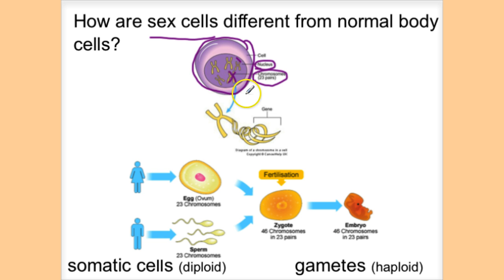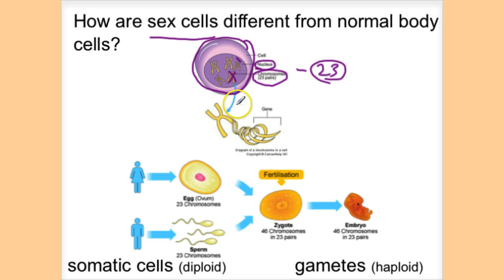All of our traits, our hair color, our eyes, everything, all this information is stored in pairs. And humans are said to have 23 pairs of these chromosomes that store every single bit of genetic information about you.